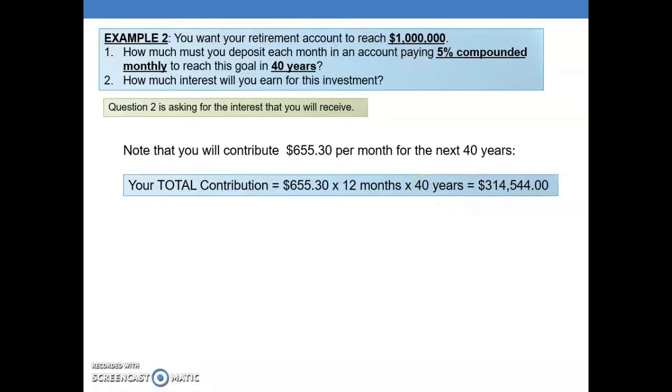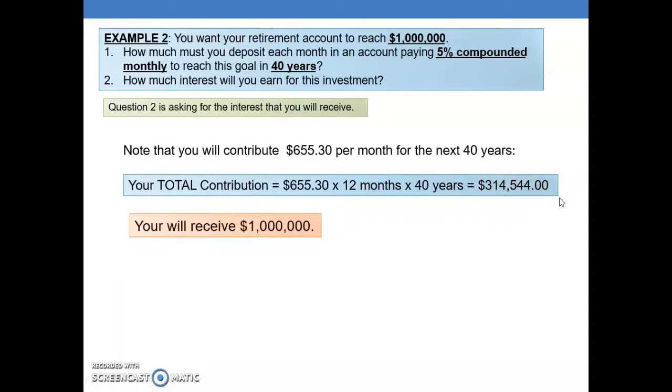Again, just make sure to clear your calculator and that all these numbers are typed correctly, because if you don't clear your calculator, you may end up with the wrong numbers. So anyway, if you do it correctly, it will say $314,544.00.